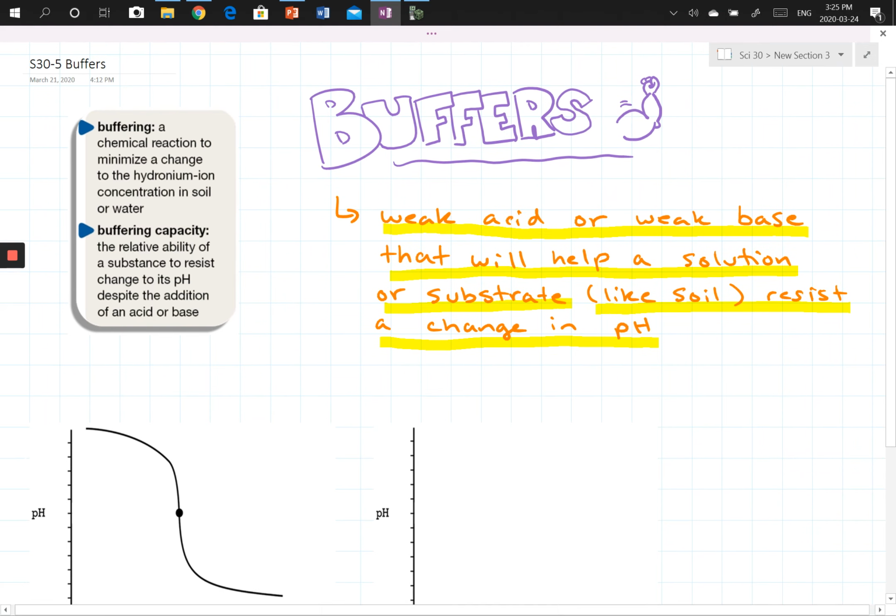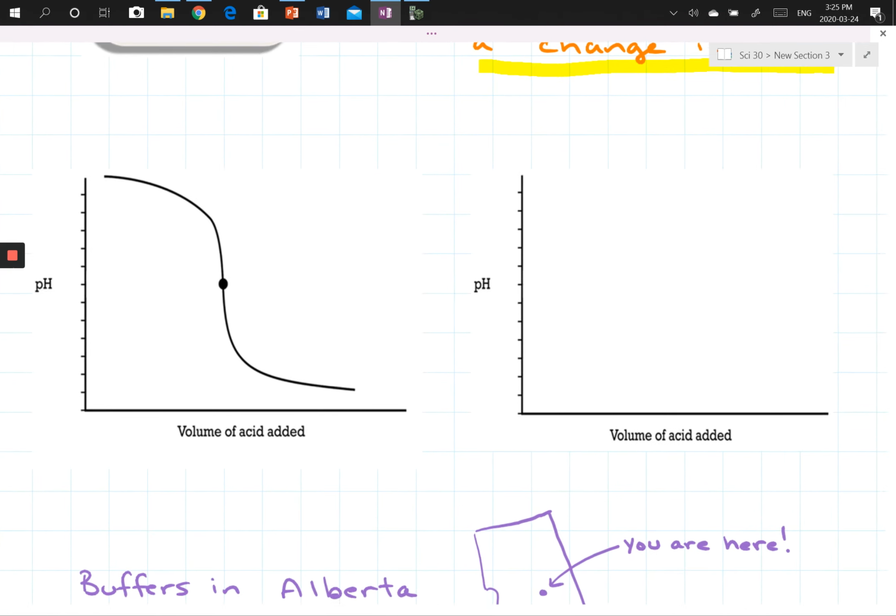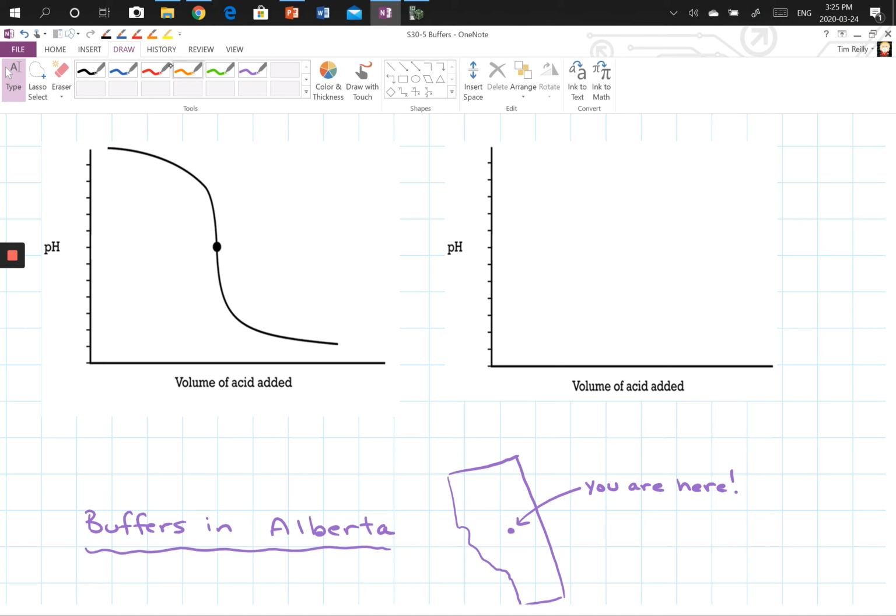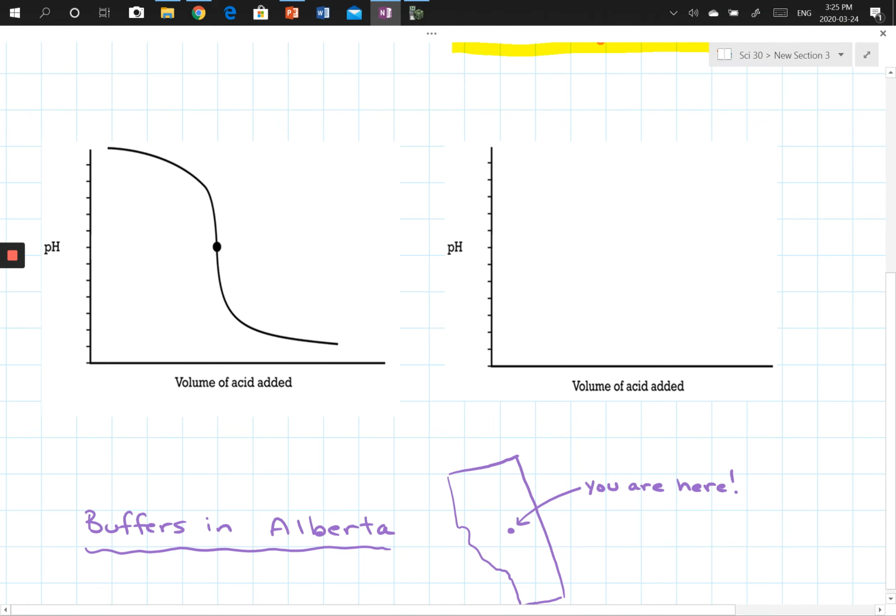So let's illustrate that in a little bit different way here. Let's look at these graphs. These are called titration curves, which we are going to learn about. In the first graph here, I have a base, and I am slowly adding some acid to that base.